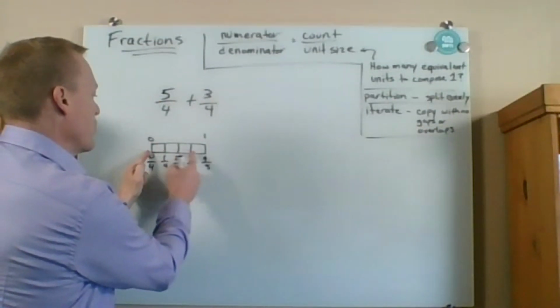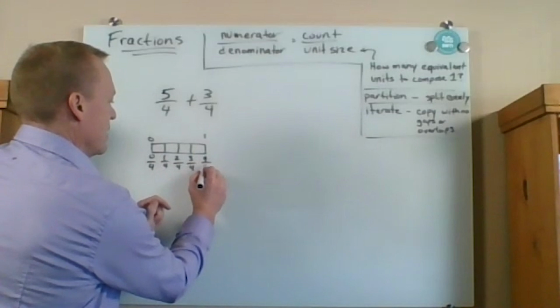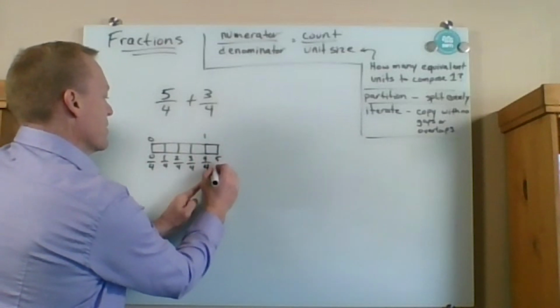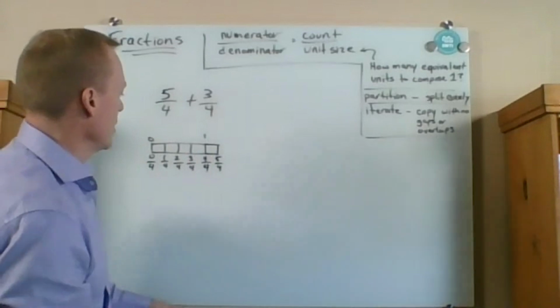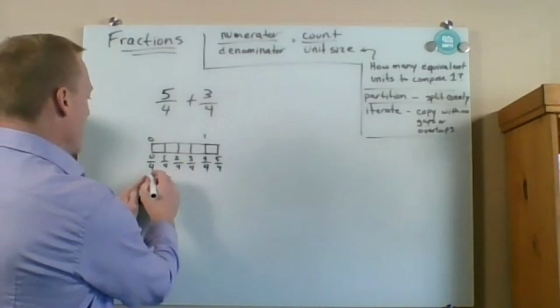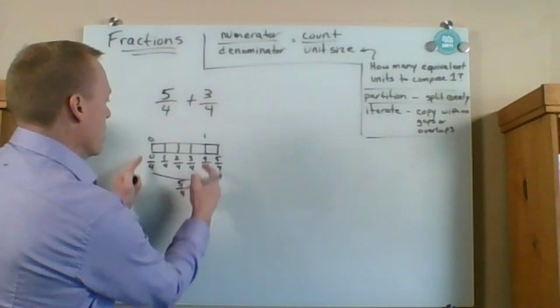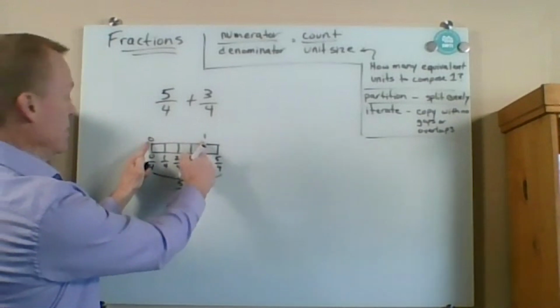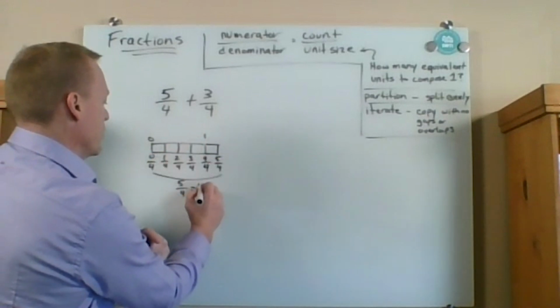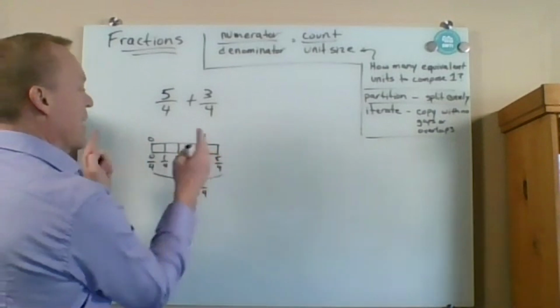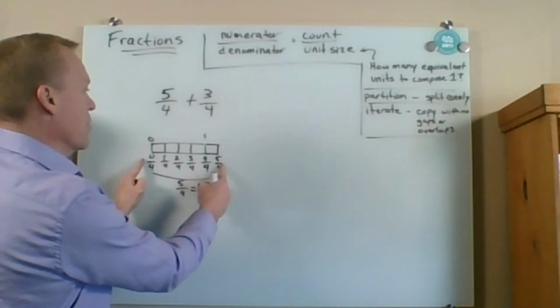So here I have 1, 2, 3, 4, and I have one more, which would be 5/4. So I can describe that I have 5/4 units, or it also shows I have that 1 unit and 1/4, which is equivalent to 1 1/4. Initially, it's easier to just talk about having 5 1/4 units, or 5/4.